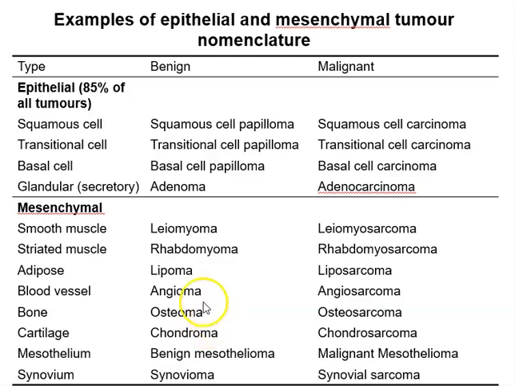So this is benign growth of bone-forming cells. This is a malignant growth of bone-forming cells. The rhabdomyomas and the rhabdomyosarcomas, well, you just have to remember that these are the prefixes for these particular tissues. Similarly, chondrocytes, which are in cartilage, that's where the chondroma and chondrosarcoma comes from.